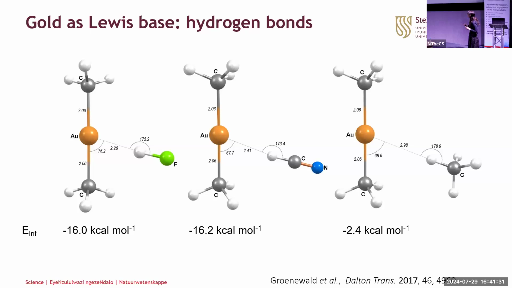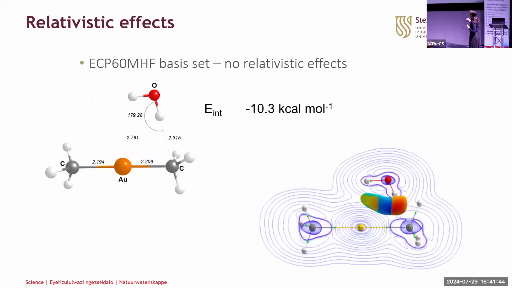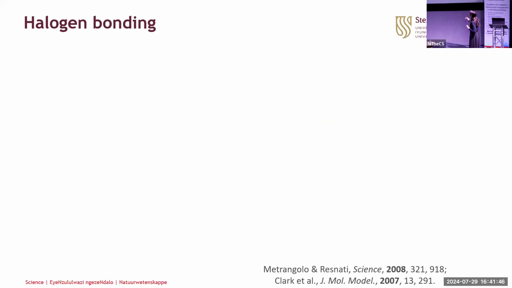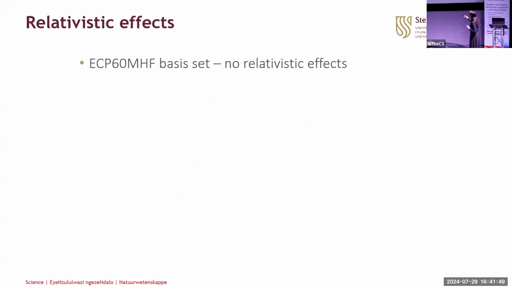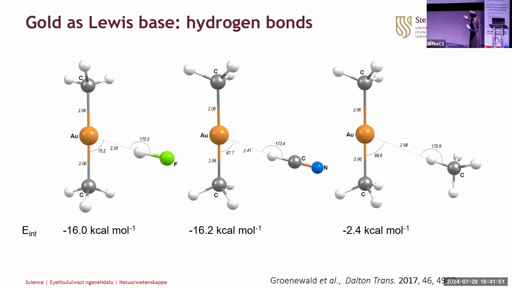And we can look at other hydrogen bond donors, so HF, HCN. As the ability of the donor to be a hydrogen bond donor decreases, so does the strength of the interaction as we go down here.